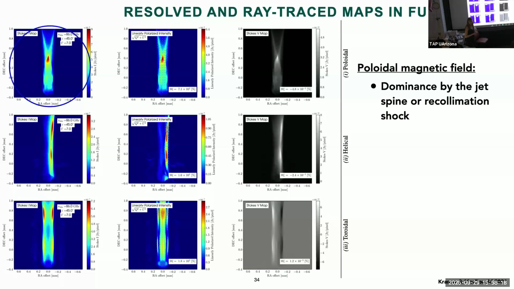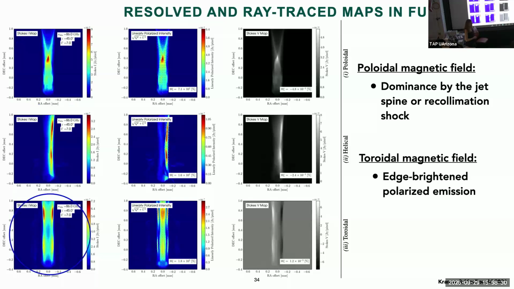And the main differences that I want to highlight are that first, for the poloidal magnetic field, we can see a dominance by the jet spine, or the recollimation shock that we want to focus our attention to anyway. Whereas for the toroidal magnetic field, we don't see a recollimation shock, but we see an edge-brightened polarized emission.